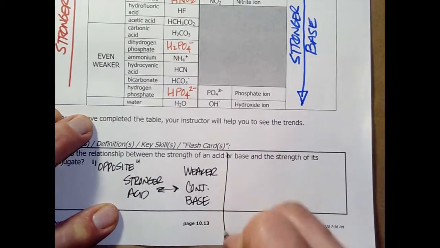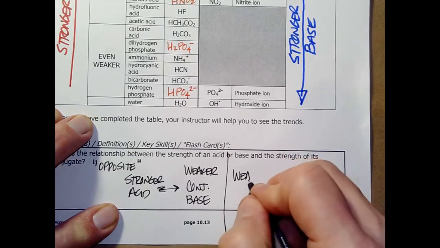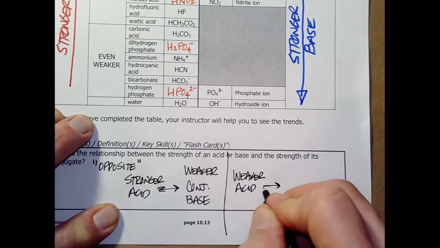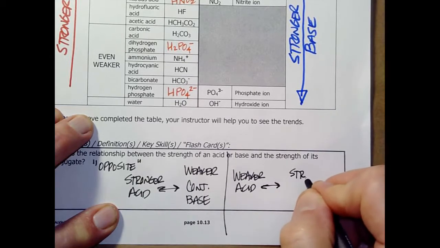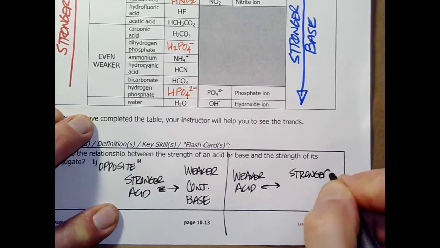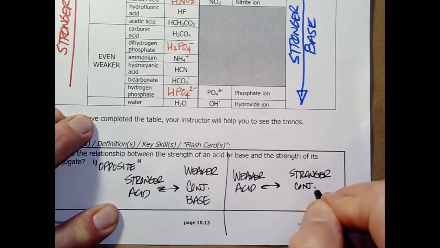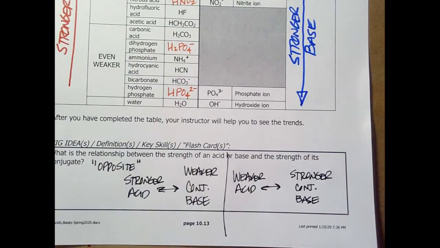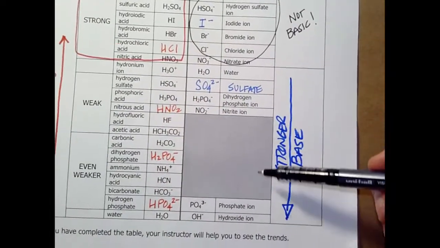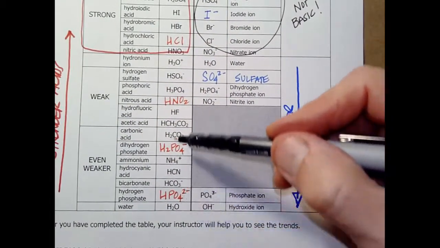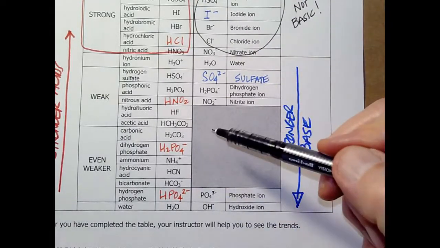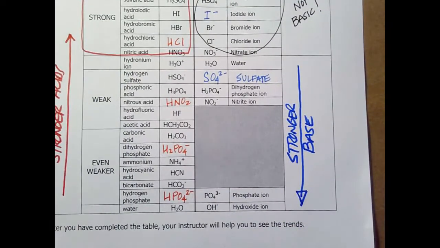I could say it the other way. Weaker acid correlates with the stronger conjugate base. We don't have to think of it that way. We could think of these as being bases and these being the conjugate acids, or these are the acids and these are the conjugate bases. Either way, we can talk about it.